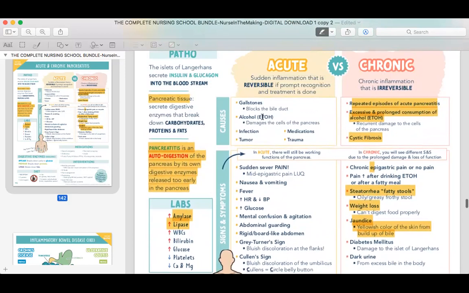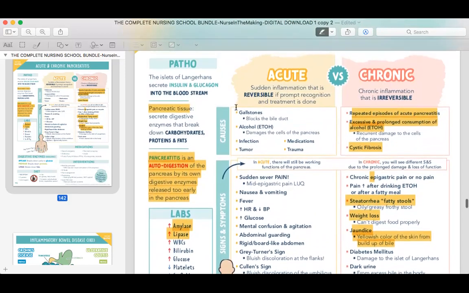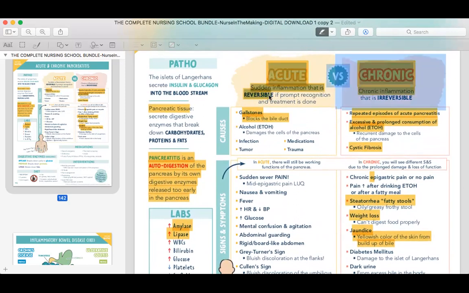For acute pancreatitis, right, when you have gallstones that are stuck in the bile duct and they don't let the enzymes out to digest or break down the carbs, fat, and protein. This is acute because once you get rid of that problem, it is reversible.